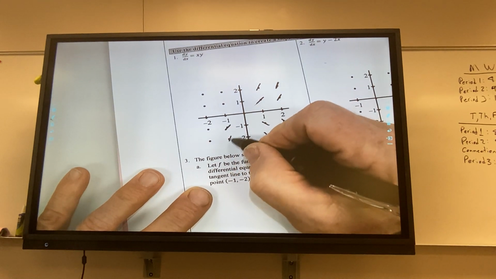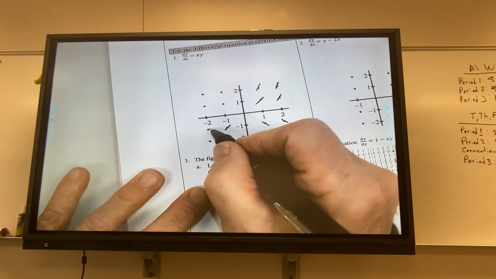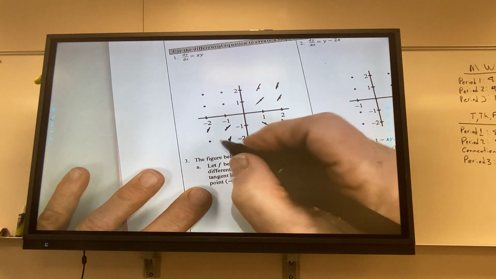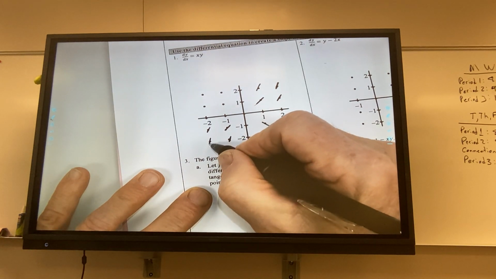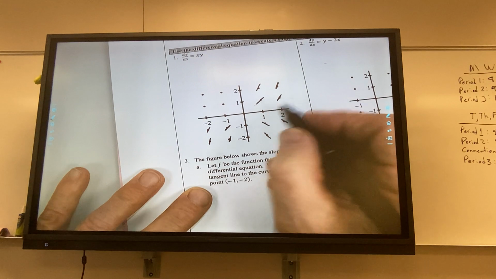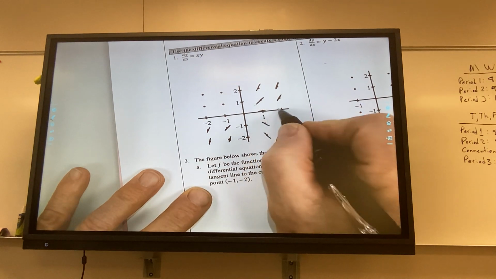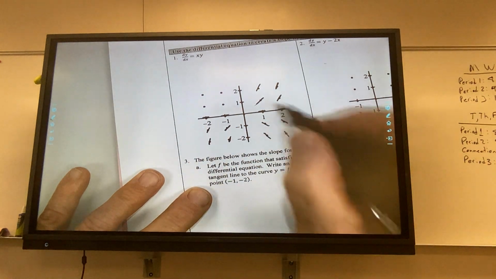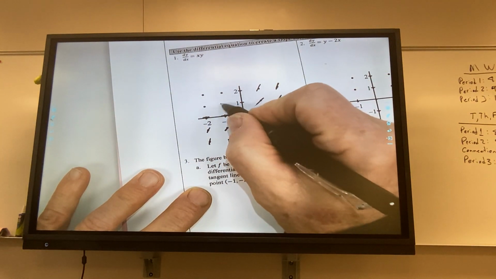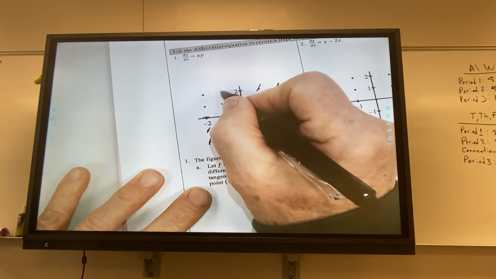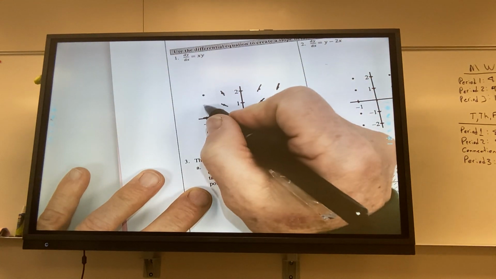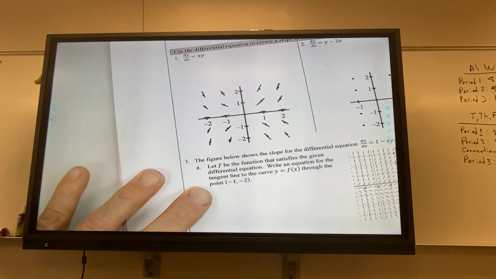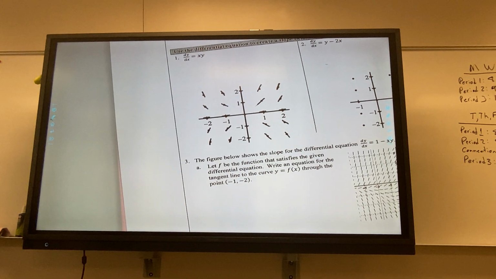This is 2. This is 2. This is 4. Oh, I got these ones right here. You can't see them. 0, 0, 0, 0. Negative 1, negative 2, negative 2, negative 4. Kind of makes sense?